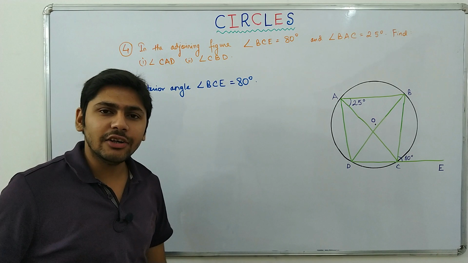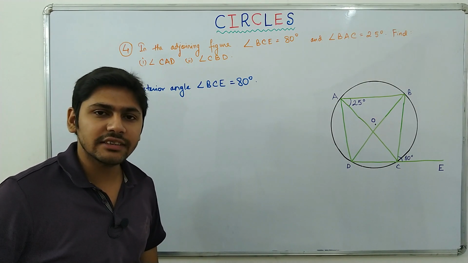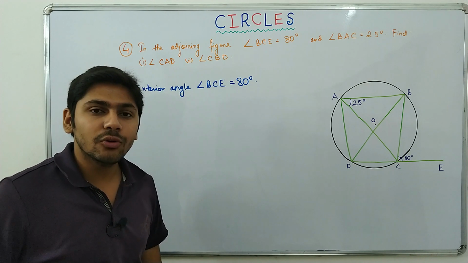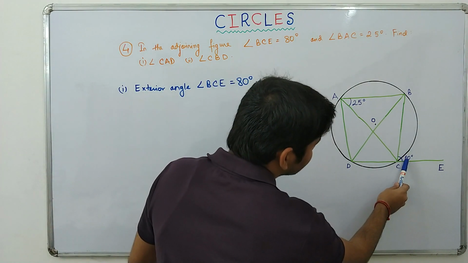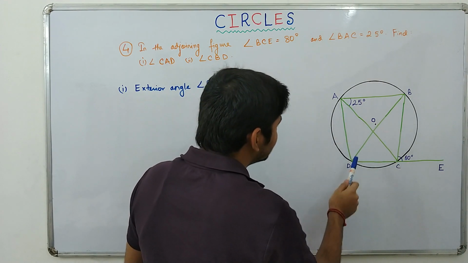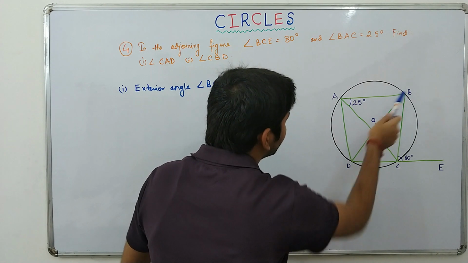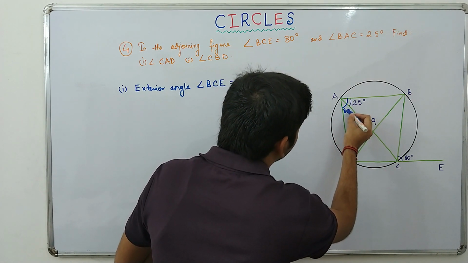Now the second theorem that we studied in this video was the exterior angle of a cyclic quadrilateral is equal to the interior opposite angle. So this angle over here, that is 80 degree, will be equal to the opposite interior angle, that means angle DAB. So the whole thing over here will be 80 degree.